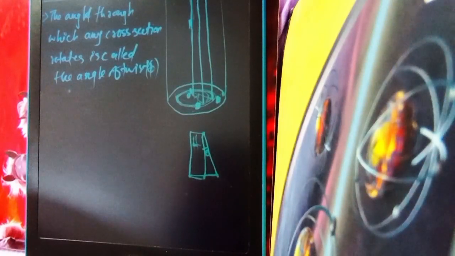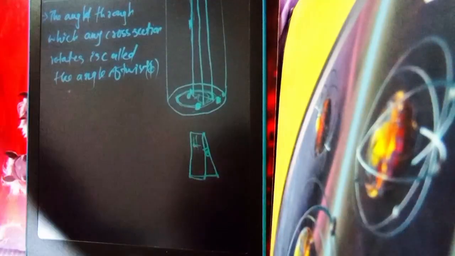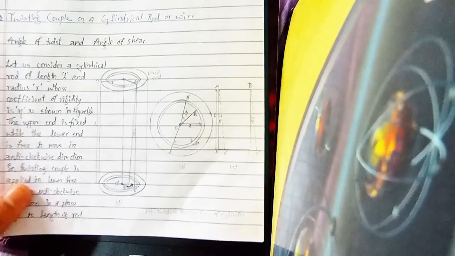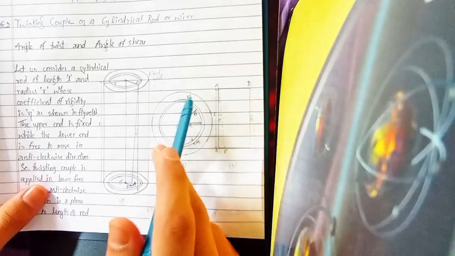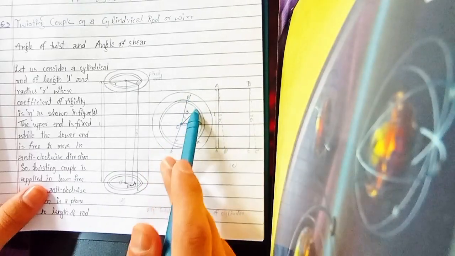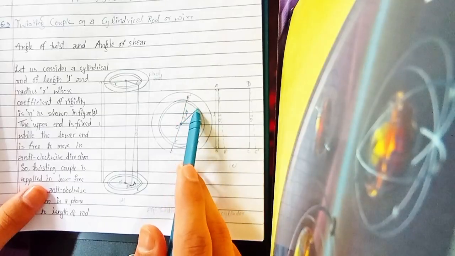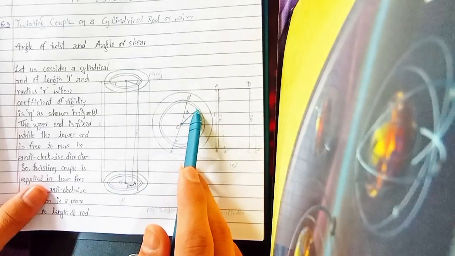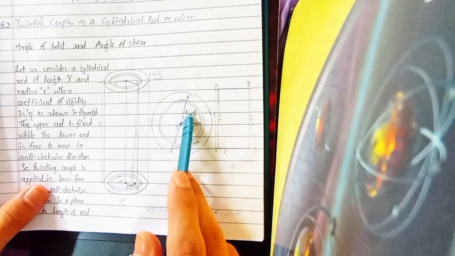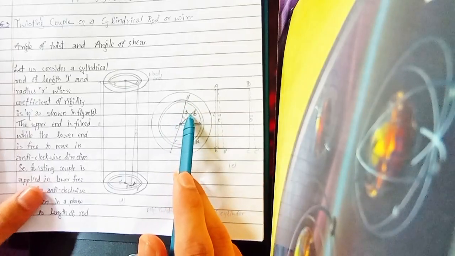So from the right-angle triangle BOB dash, we can write that angle is equal to arc upon radius. You can see that B is up to here and B dash is up to here, but we are imagining that this has very low thickness.